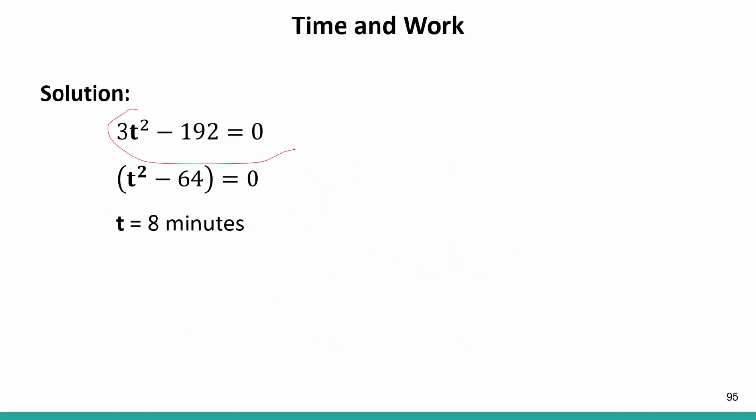Solving it further, 3T square minus 192 is equal to 0. So T square minus 64 is equal to 0. So T is equal to 8 minutes.